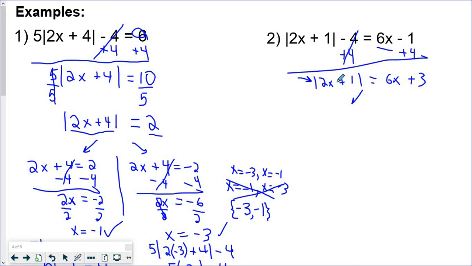The absolute value says that this quantity in here, 2x plus 1, is equal to 6x plus 3, but it's also equal to the negative version of that. So what that looks like is we just write down 2x plus 1, and we set it equal to the negative quantity of this.